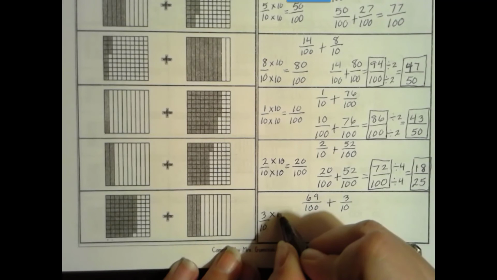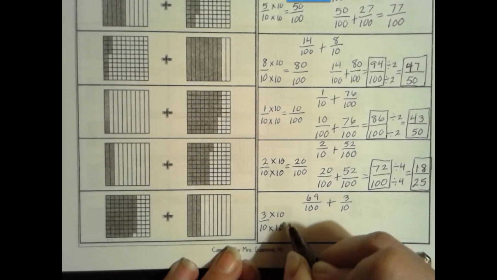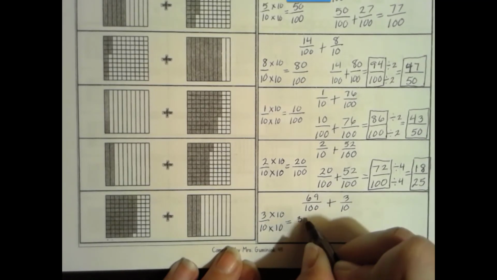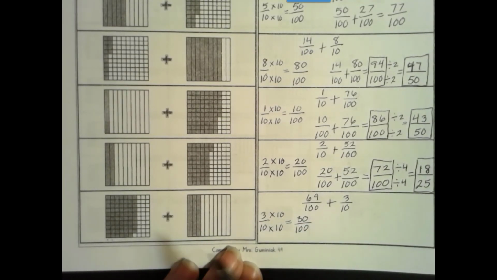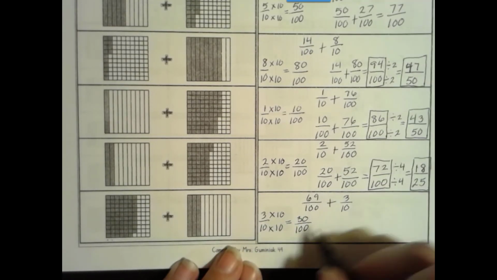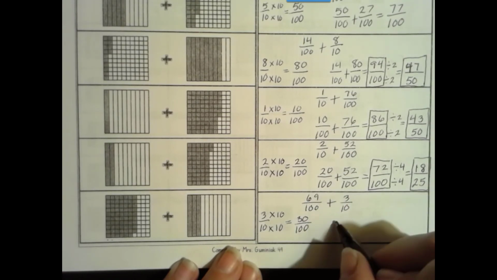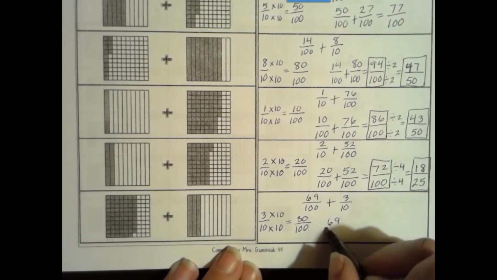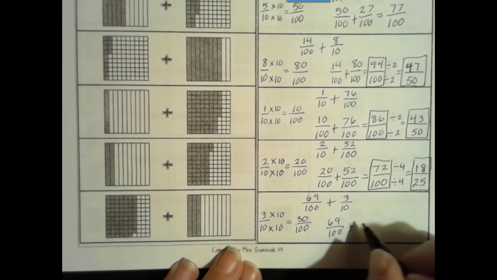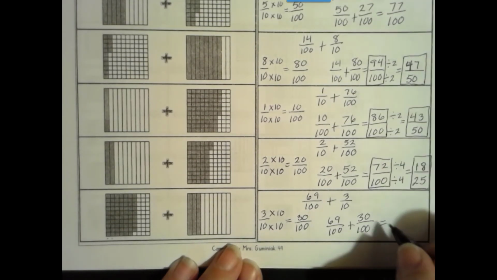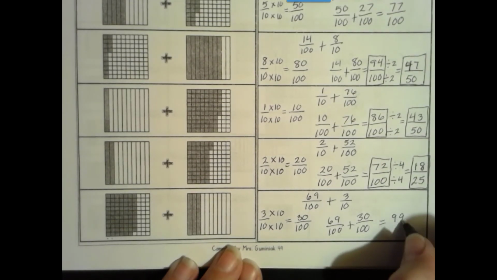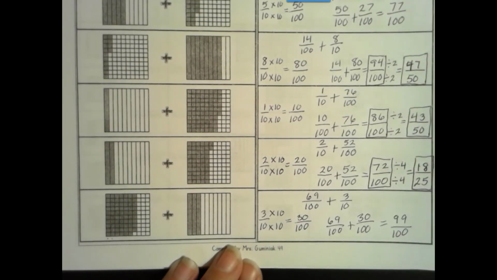So I'm going to cut each of these up into 10 pieces, and that gives me 30 hundredths. So now that I have an equivalent fraction with a common denominator, I can replace that 3/10 with the 30 hundredths, and then I can add those together now that they're common. And I get 99 hundredths.